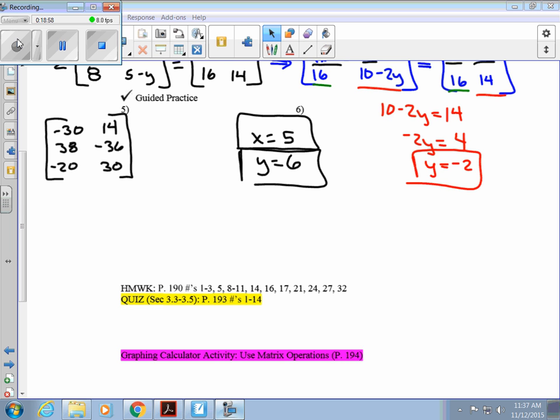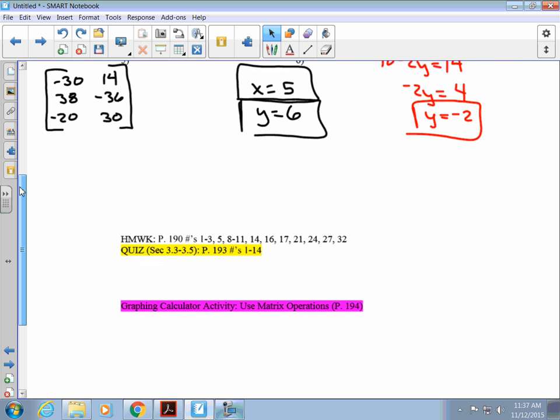You cannot add or subtract two matrices that do not have the same dimensions. And then the last thing we looked at is how to solve for a variable in a matrix. We have to simplify the matrix until we have one matrix equal to another, and then set the corresponding elements equal to each other so we can solve those.